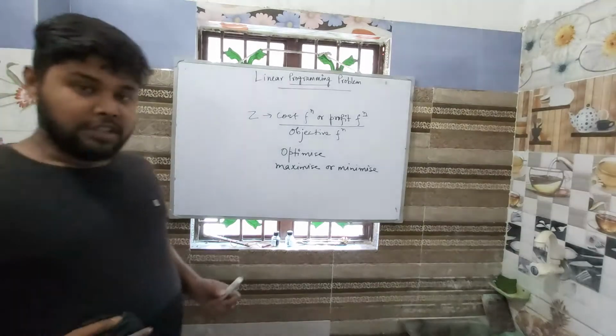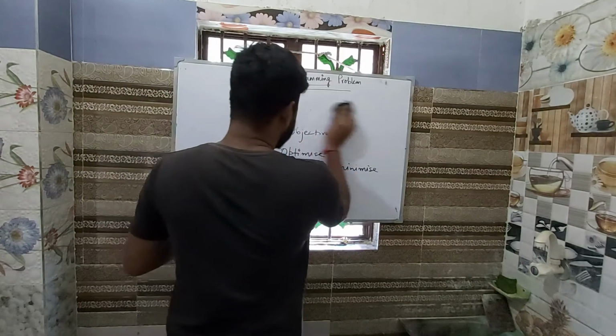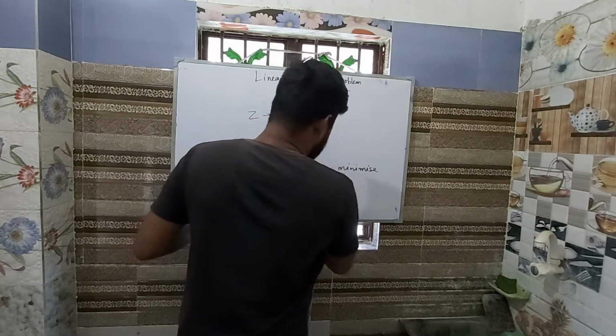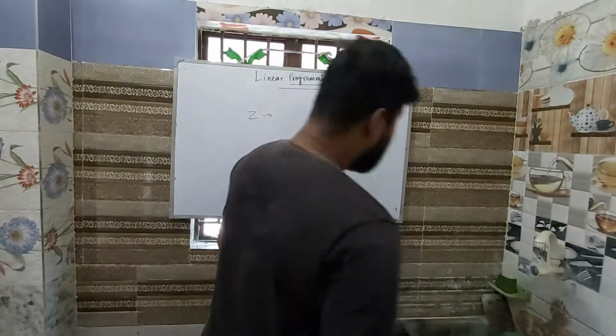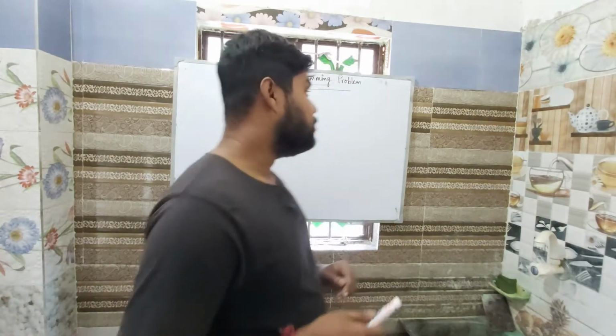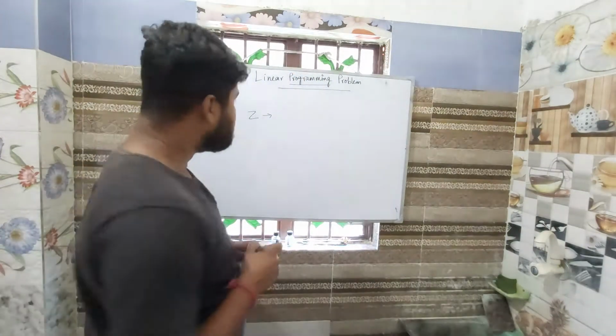Fine. So now, how does an objective function look like? Now, in our syllabus, we have two variable linear programming problems. So we are just going to work with two variables.